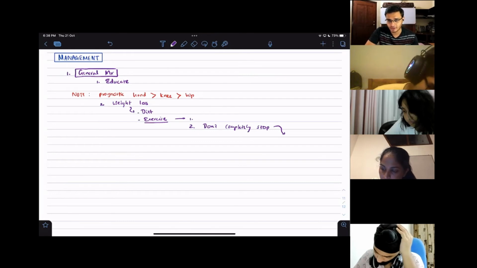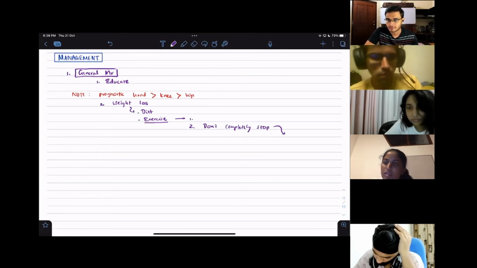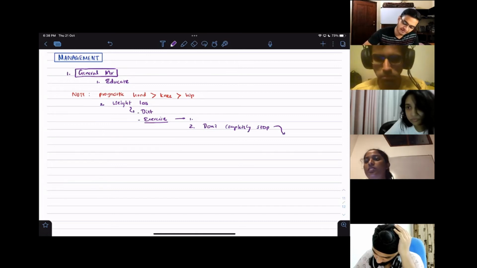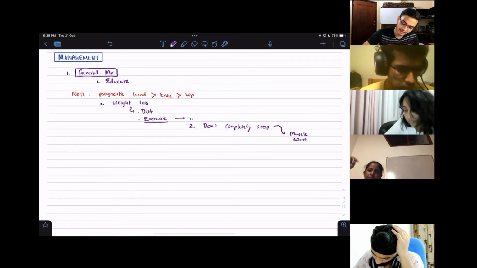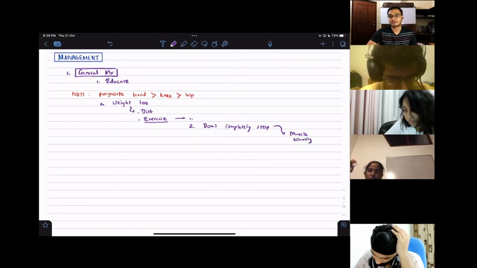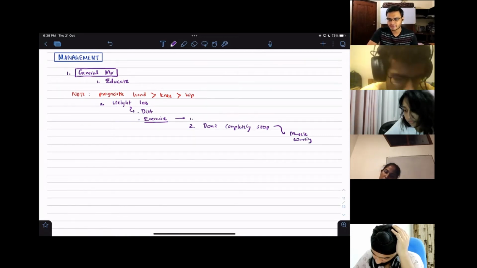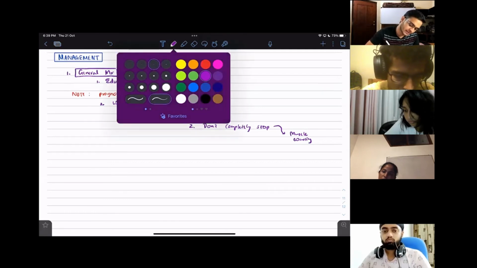Yeah, muscle wasting can be exaggerated. Muscle atrophies. Therefore, joint protective mechanisms are going to reduce in functionality.